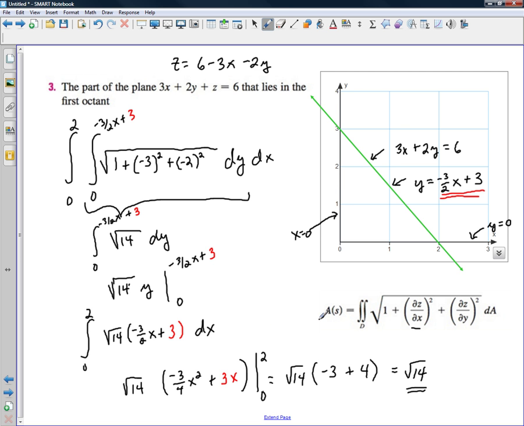So now we'll get negative 3 from the first term and 6 here. So thankfully this repair wasn't too bad. And so we'll end up with 3 radical 14s.